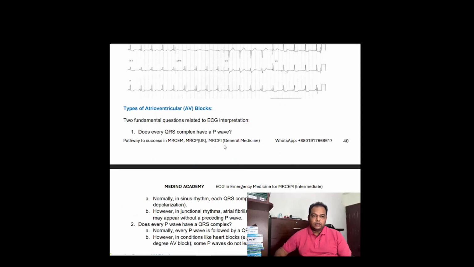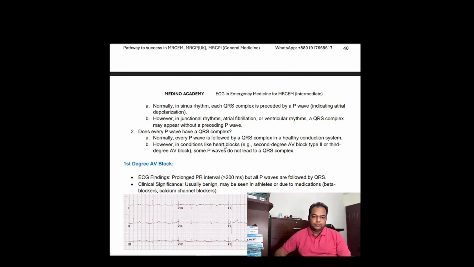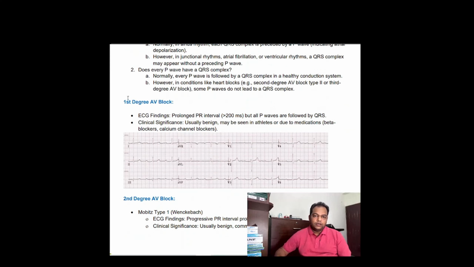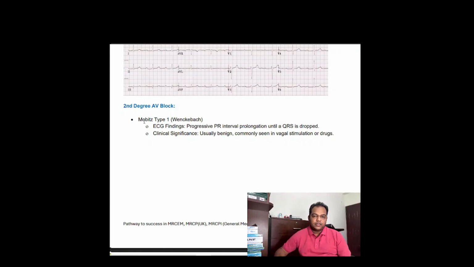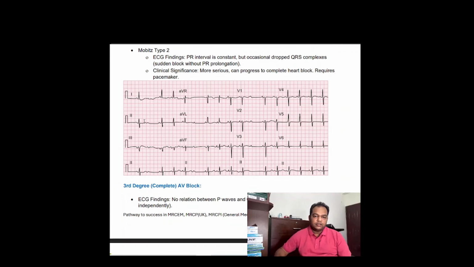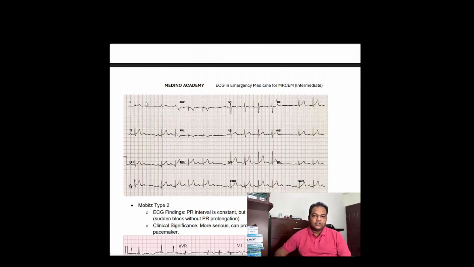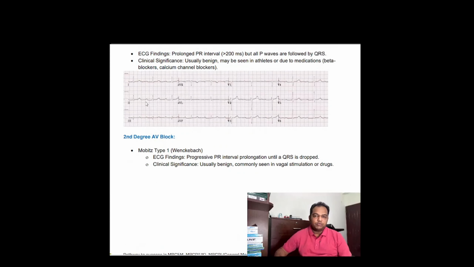Now, the AV blocks. AV blocks may be first degree, second degree, or third degree. Second degree is further divided into Mobitz type 1 and Mobitz type 2.